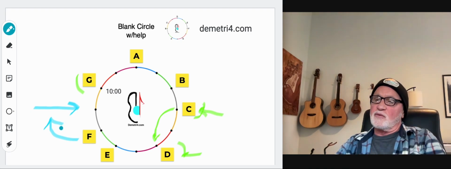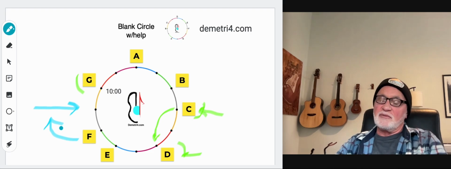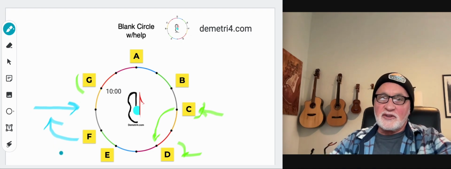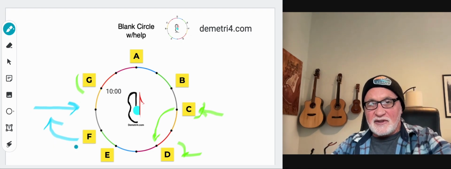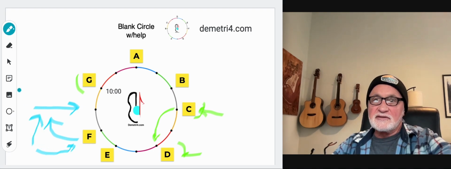So let's see, here's where the blank dots on the circle come into play. By placing a sharp sign with the note F, we recognize the blank dot 9 o'clock as F sharp. Replacing the note F with F sharp achieves the gold standard structure and gives us the G major scale. So what we're doing is we need to get rid of F here, and we need to move it here, okay?